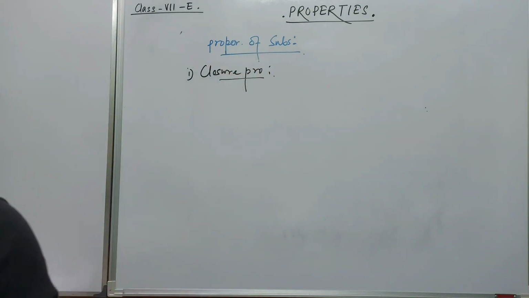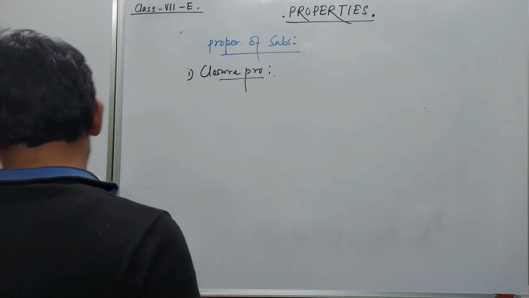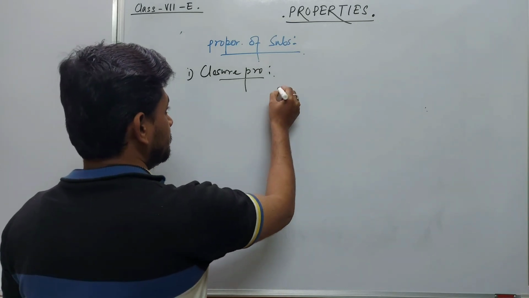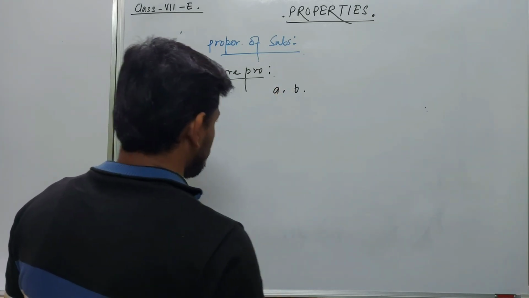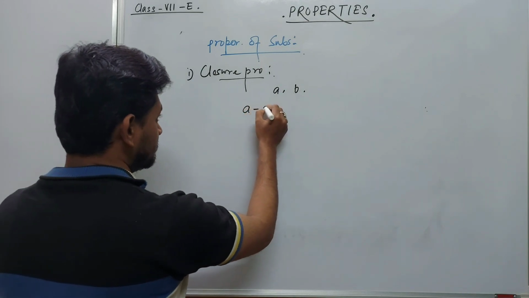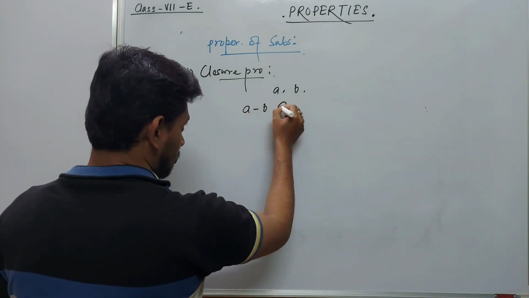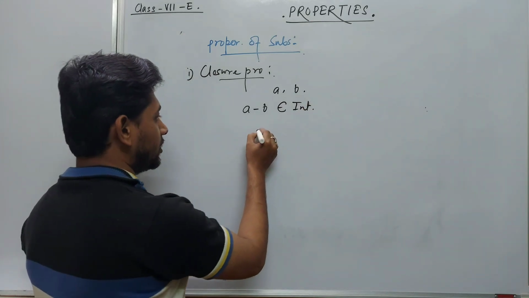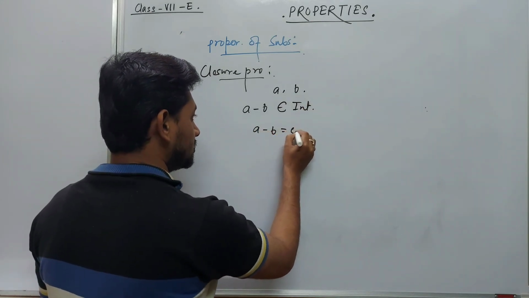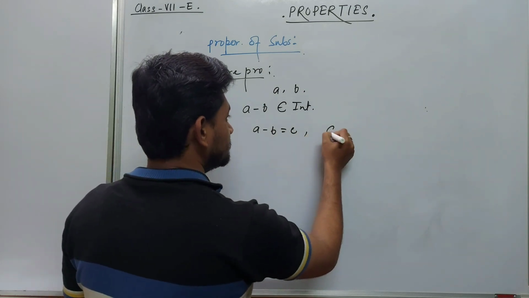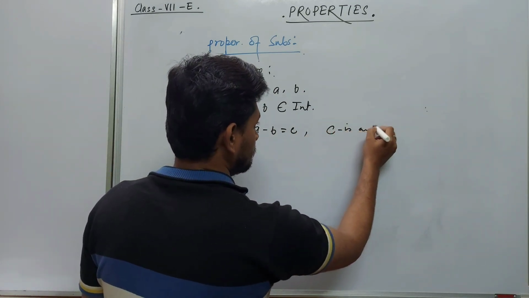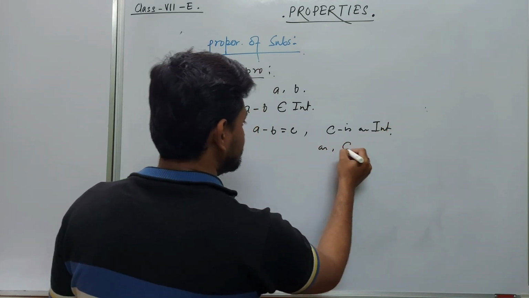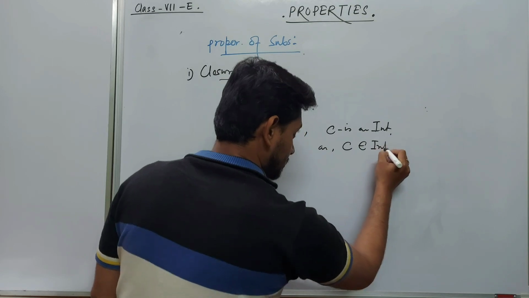What is closure property? In general, if we take two integers, that is A and B, then A minus B also belongs to integer. That is, if we write A minus B equal to C, then we can say C is an integer, or mathematically C belongs to integer.